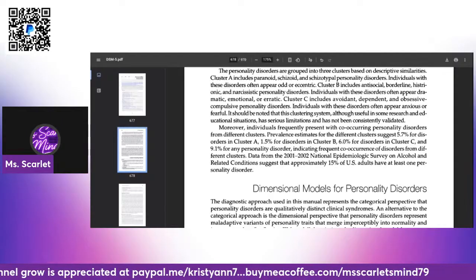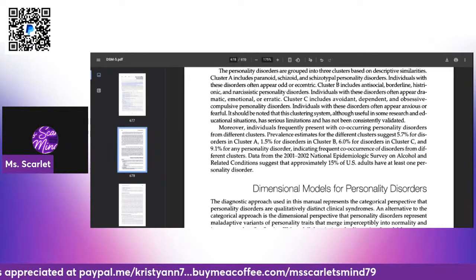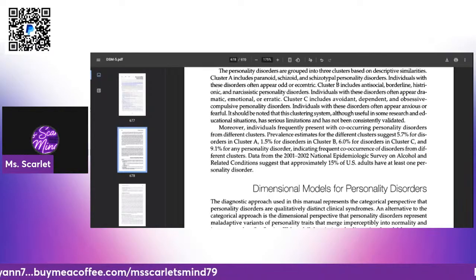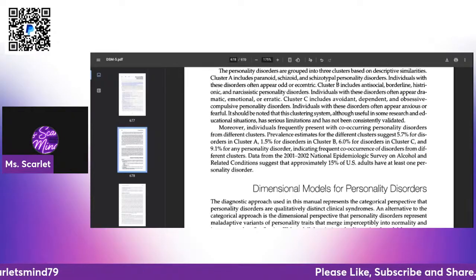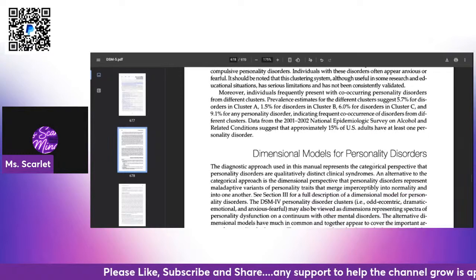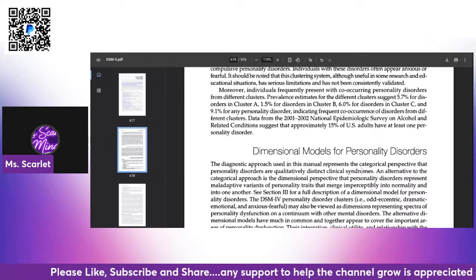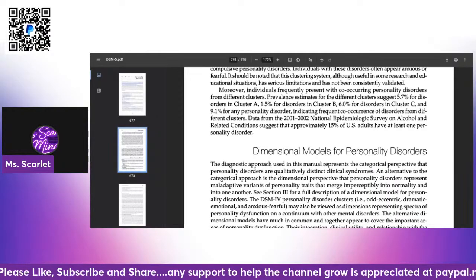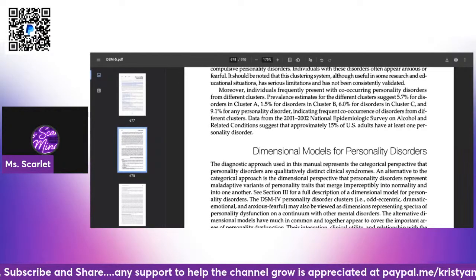And that's why it's important to say that they're basically ordered this way just because of the type of personality. Because there's a lot of similarities even between clusters, not just the disorders that are in each cluster. It says, moreover, individuals frequently present with co-occurring personality disorders from different clusters.